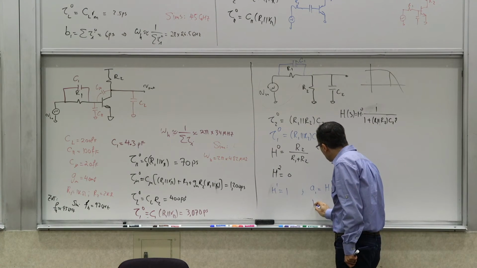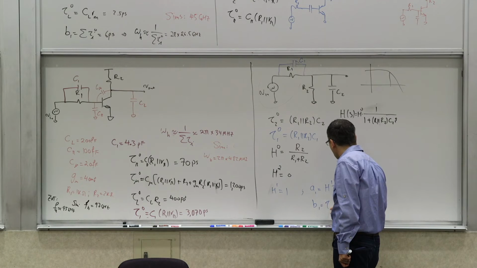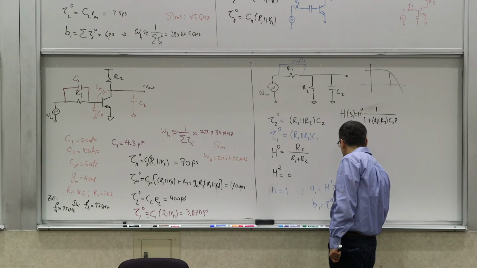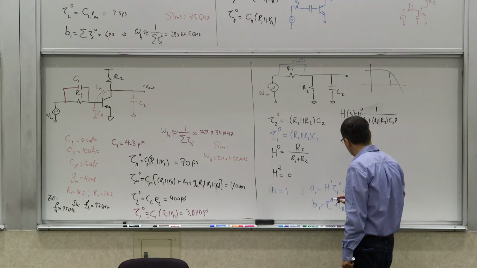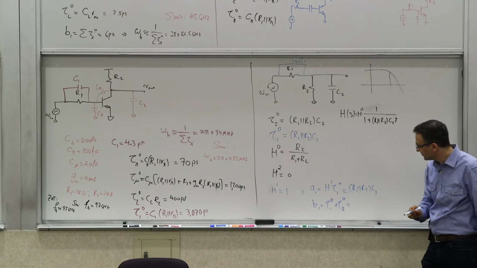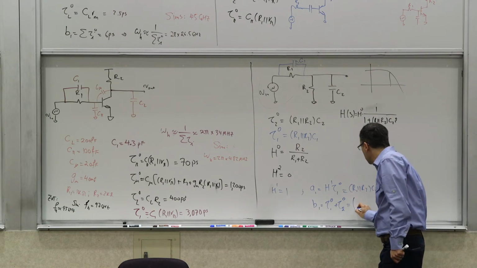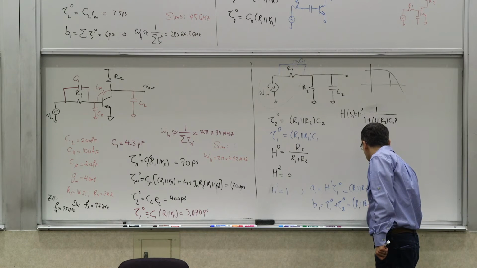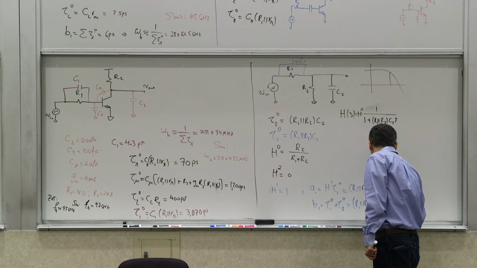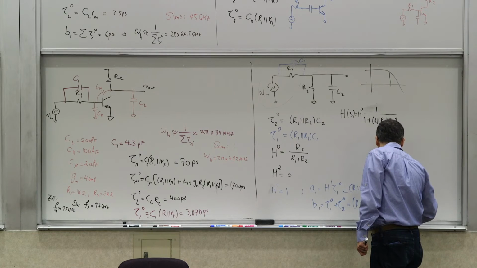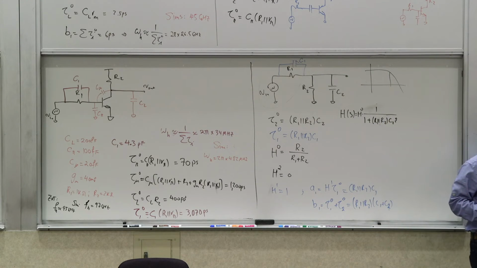And B1, which is the sum of the two zero-value time constants, is the parallel combination of the two resistors times the sum of the two capacitors, which is also their parallel combination. So those are the B1.